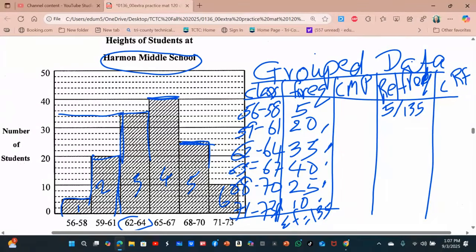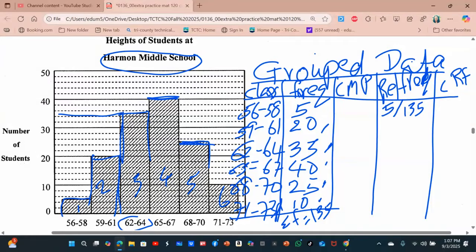Relative frequency is the same as probability. Relative frequency and probability are the same. So in unit 2, we shall change the name from relative frequency to probability. What is the relative frequency of the second class?